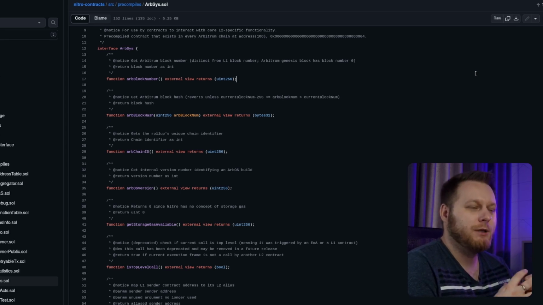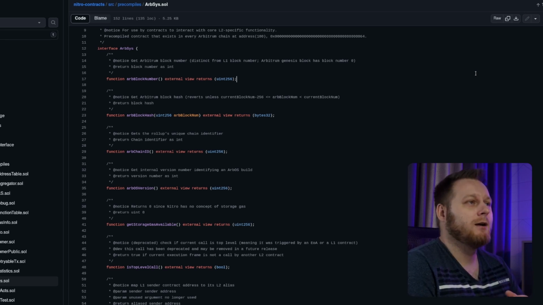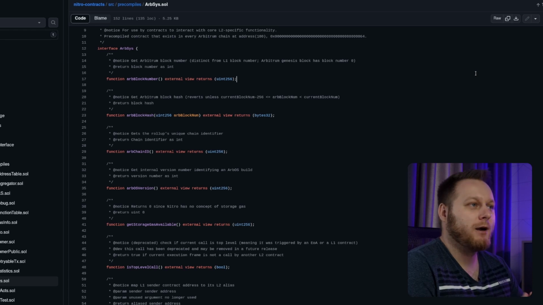It is not being run in EVM bytecode, but is being run in the native code. So if this is Go Ethereum written in Go, the precompile is written in Go language. If this is Nethermind, which uses C#, the precompiles are written in C#. It all depends on the language that the node is written in.